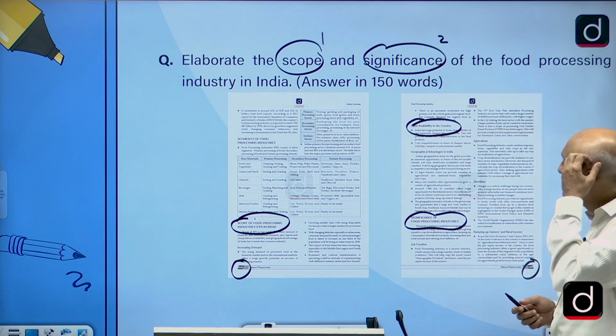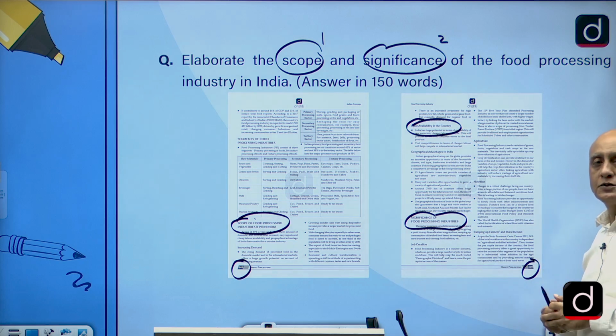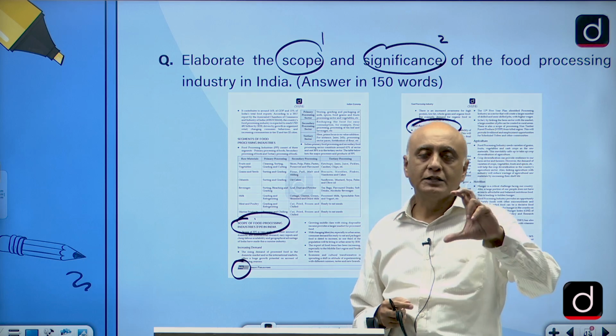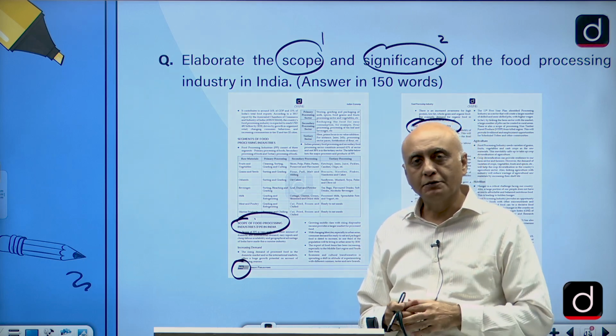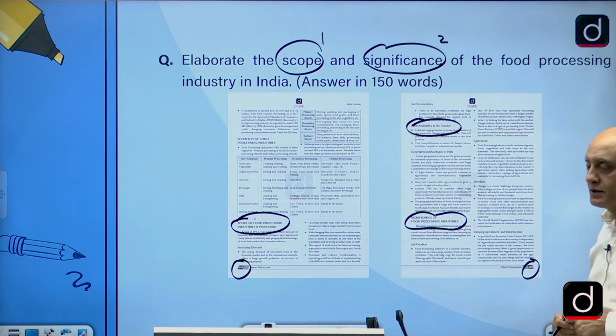So what you can do is, because you have huge inputs here, you can create a lot of processed food. Instead of selling oranges just for one season, you can convert them into orange pulp and make orange drinks that can be available in the country for 6 to 7 months, particularly in the summer season.